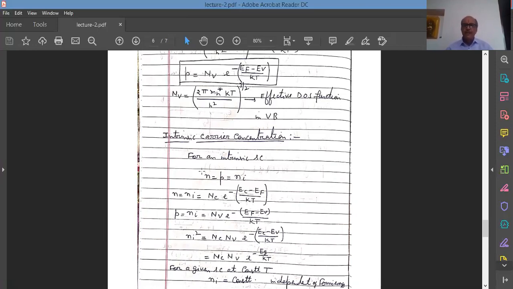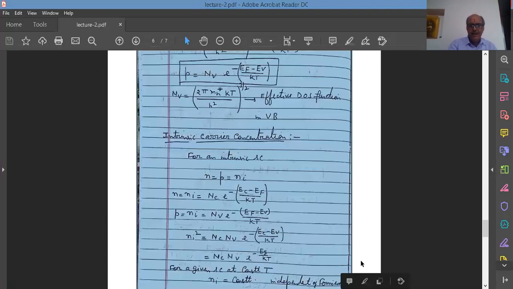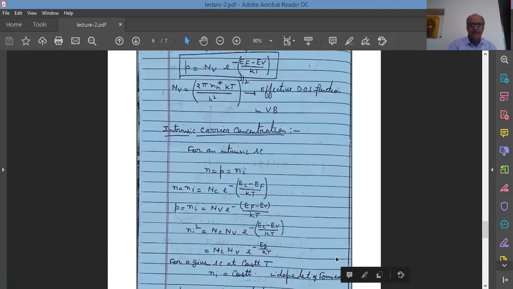I stands for intrinsic carrier concentration. So we know in an intrinsic semiconductor, N will be equal to Ni, that is Nc e to the power minus Ec minus Ef upon Kt, and P is also equal to Ni. It is equal to Nb into e to the power minus Ef minus Eb upon Kt.